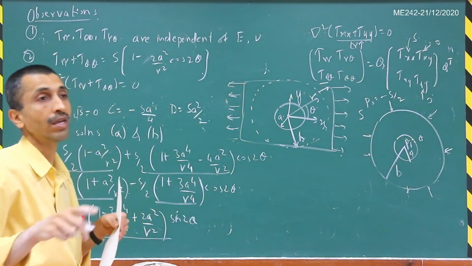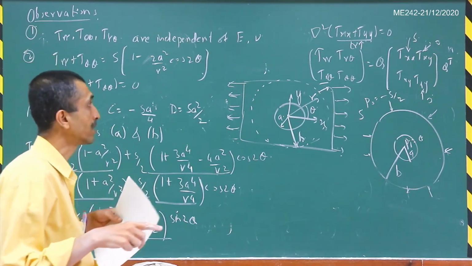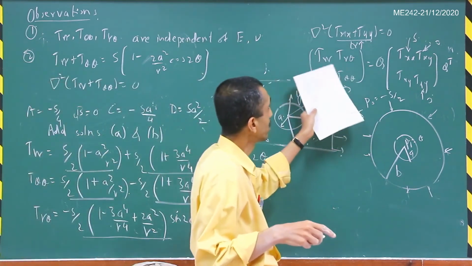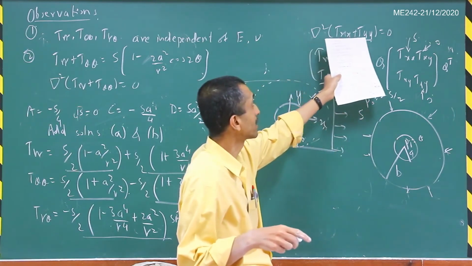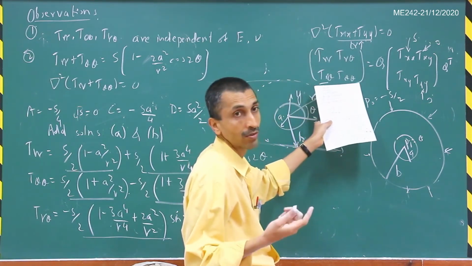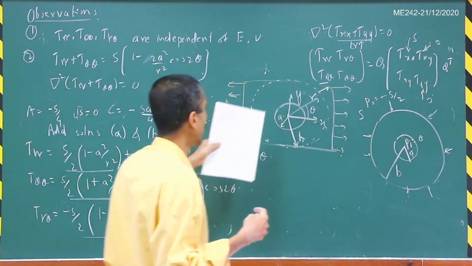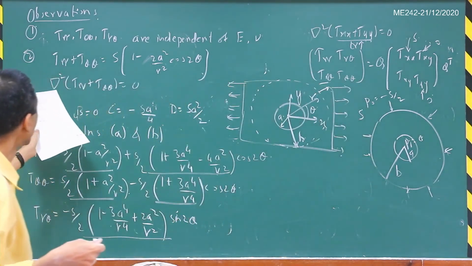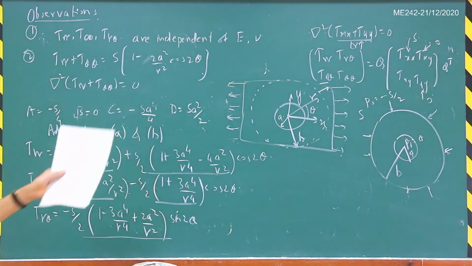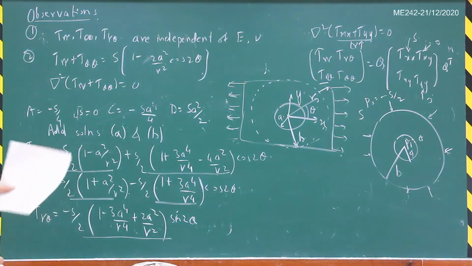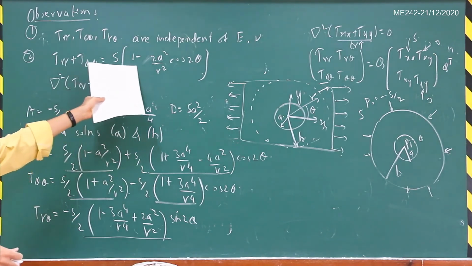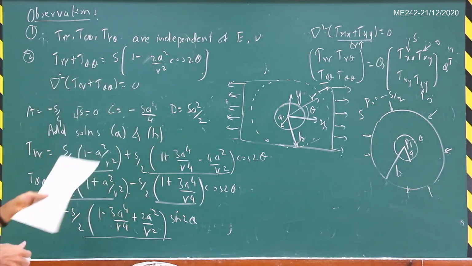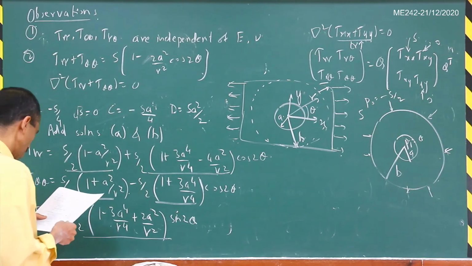No matter which coordinate system you consider. So in this particular case, your trace of tau is tau r plus tau theta theta. So you can replace tau xx plus tau yy by tau r plus tau theta theta because it's an invariant, right? And so you will get this del square of tau r plus tau theta theta is equal to 0, and so you can verify that whatever solution you have got satisfies this particular equation here.